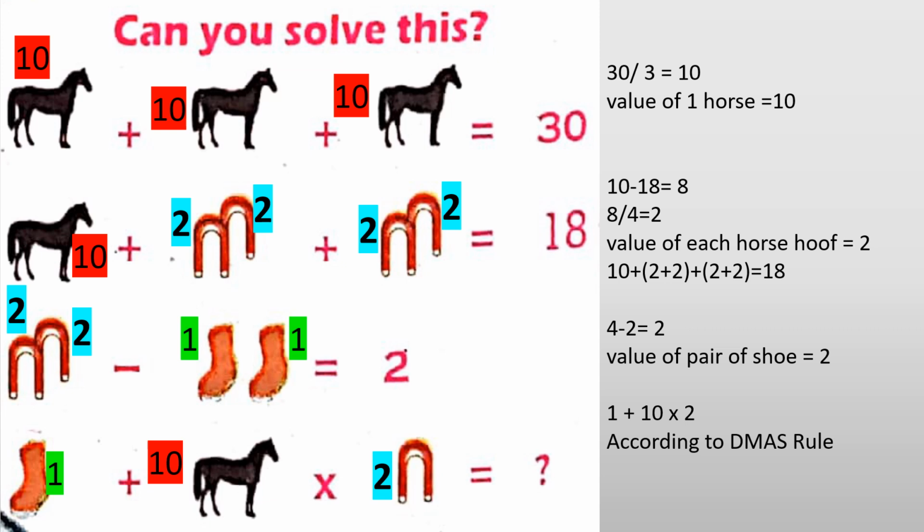First, we do multiplication: 10 into 2 equals 20, and then addition: 20 plus 1 equals 21. The answer of the last row is 21. So through the images, we have solved the mathematical equation.